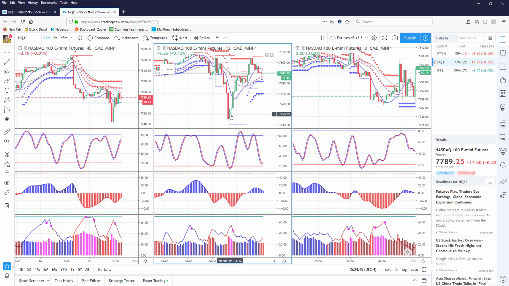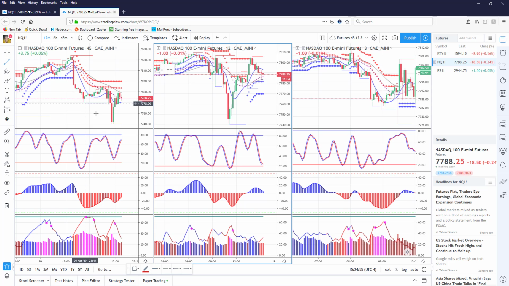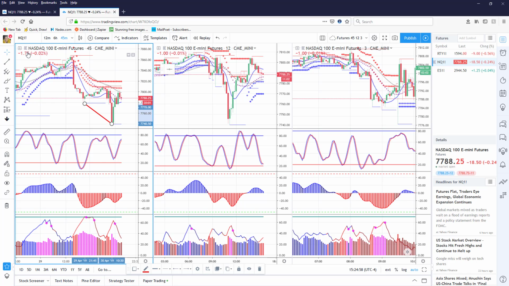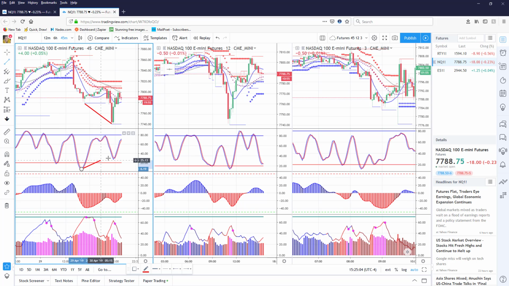Now, also, if you look over on the 45, you can also see as this is making lower lows. So from here to here, you made a lower low, but the stochastics, of course, did not. And that is something I'm always watching.